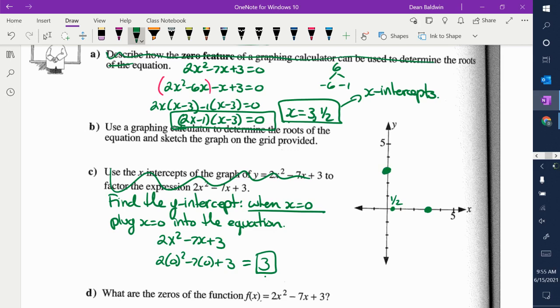Okay. This is a quadratic, which means it has the shape of a parabola, like that. Okay? It has to go through these 3 points. So the graph looks like this. That's it. Okay?